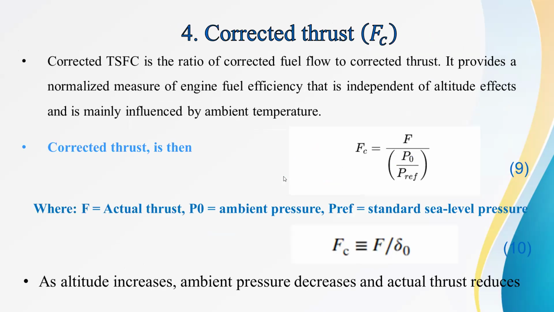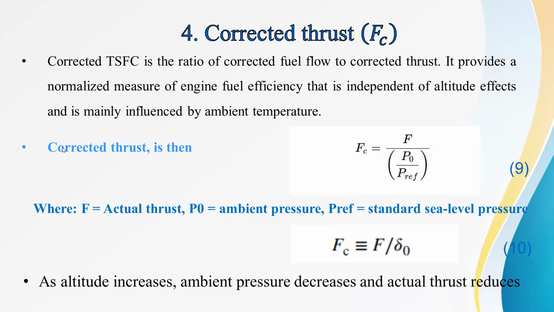The fourth one is the corrected thrust. F_c is the corrected thrust in matching condition. For any section i, we have to correct each of them from one point to another. The corrected thrust specific fuel consumption is the ratio of corrected fuel flow to corrected thrust.